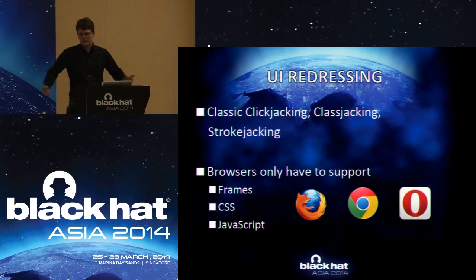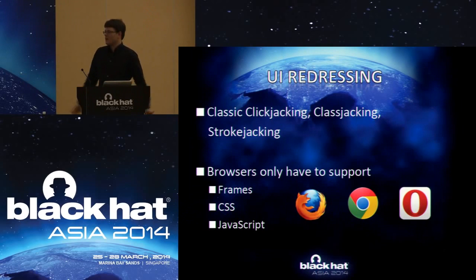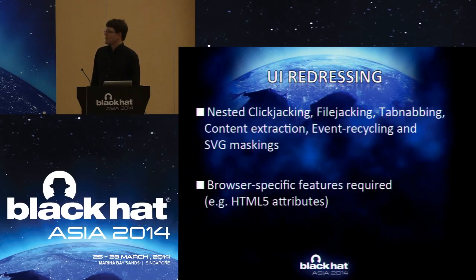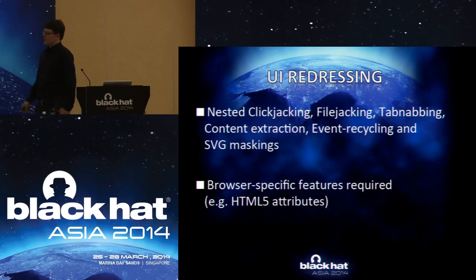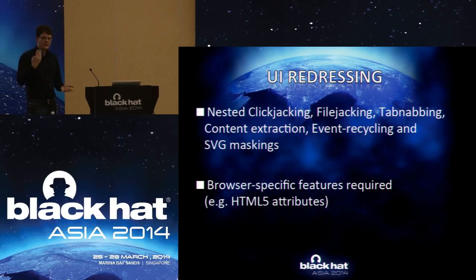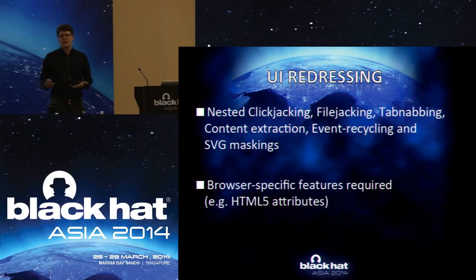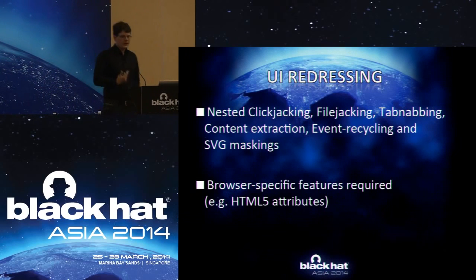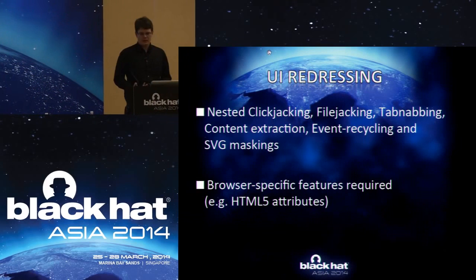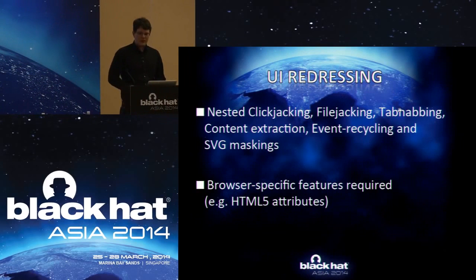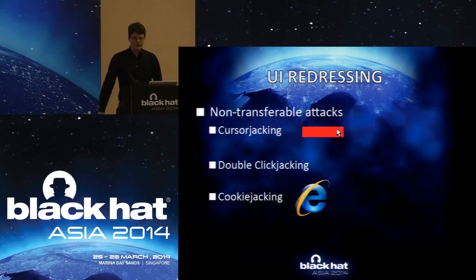So this is possible in every browser. There are some attacks which are using some browser-specific features, like some attributes, webkitdirectory, for example, in Chrome, which is necessary for file jacking, and tab jacking, which requires Firefox and so on. But all of these things are there. We have Chrome, we have Opera, and we have Firefox.